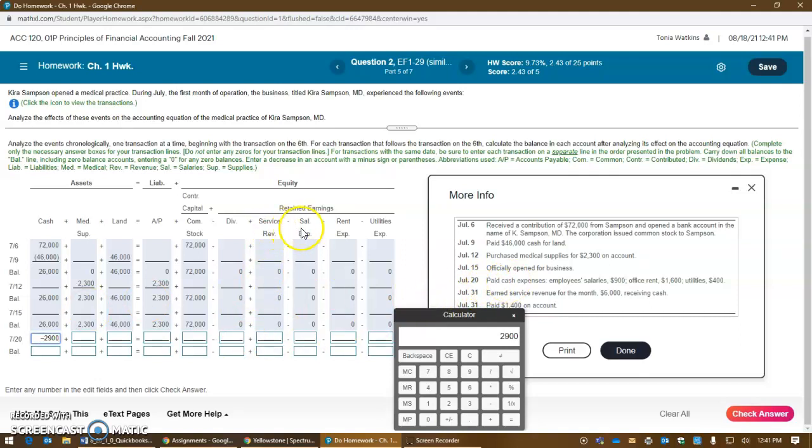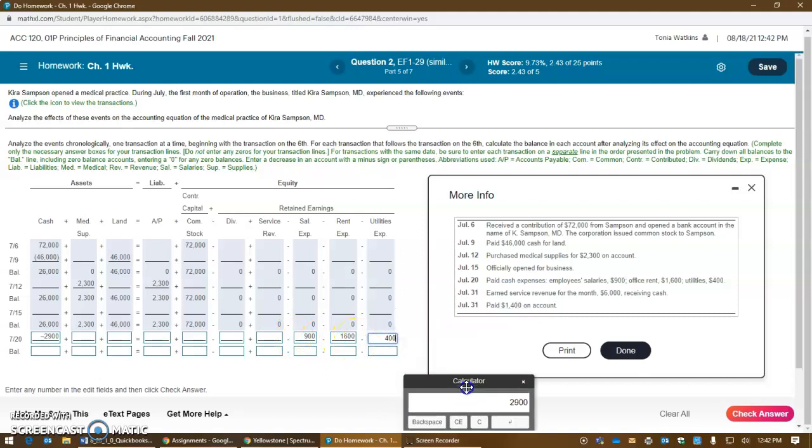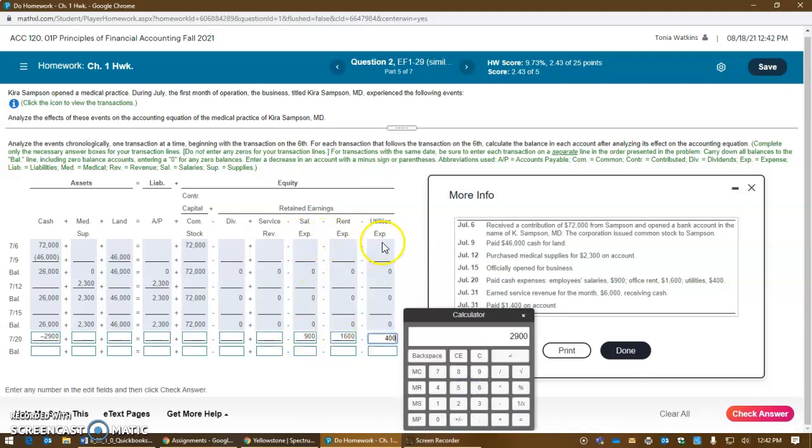And then notice these are expenses. And notice the minus sign is already in front of this box. So we're going to actually put these numbers in as positive numbers, because they already have a negative sign in front of them. Because expenses make retained earnings go down. Okay, it's less money we can retain in our business. And then figure out a balance.